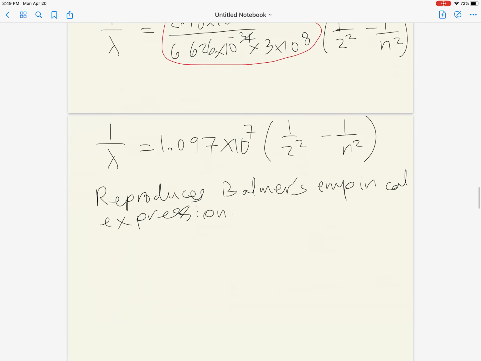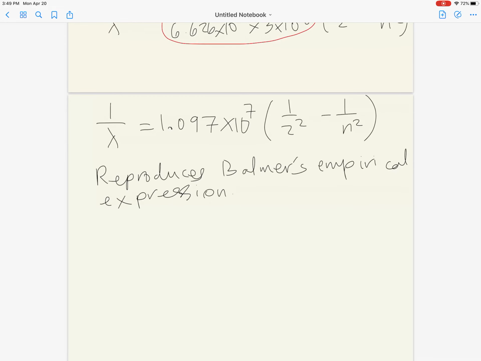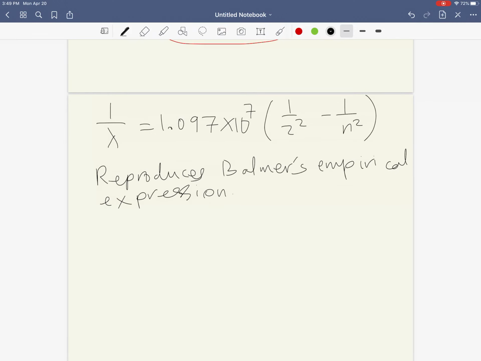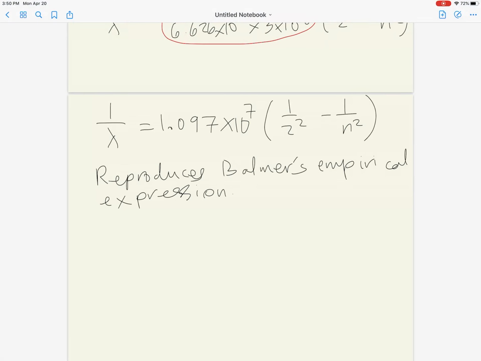And even though we have done this calculation for the case where the lower level is level 2, if the lower level is level 1, well, we get a similar expression.